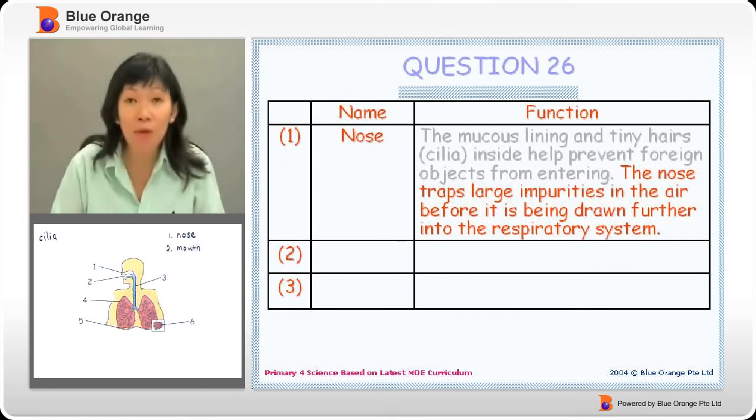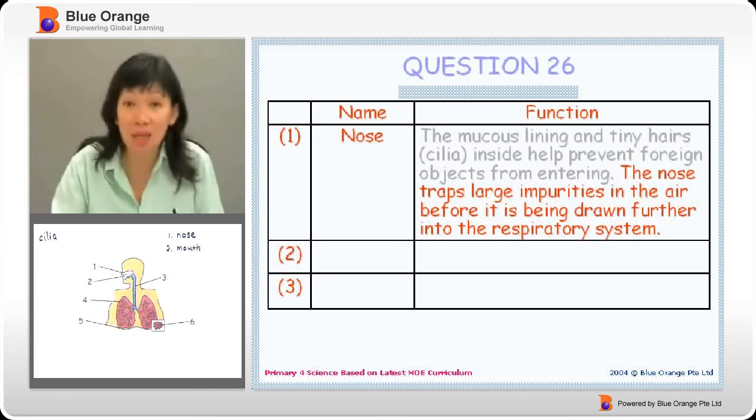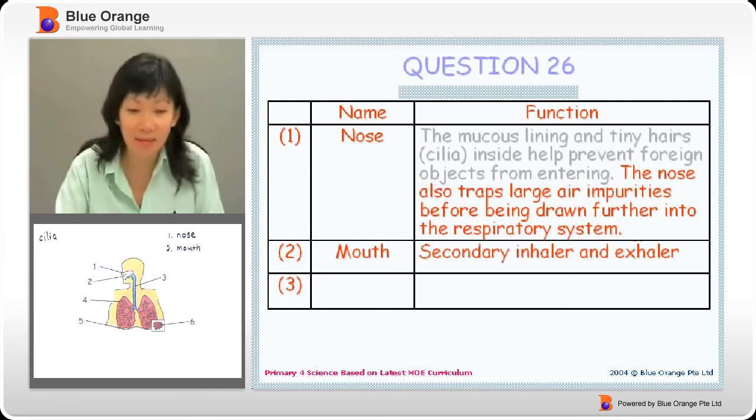Preferably we should not use our mouth to breathe, so that air can be purified or cleaned before it goes further into the respiratory system. If you use your mouth to breathe, air cannot be purified or cleaned. But sometimes it is necessary to breathe with our mouth. Why? Yes, when we have a blocked nose, isn't it? So the mouth is known as the secondary inhaler or exhaler. So that's the function of the mouth.